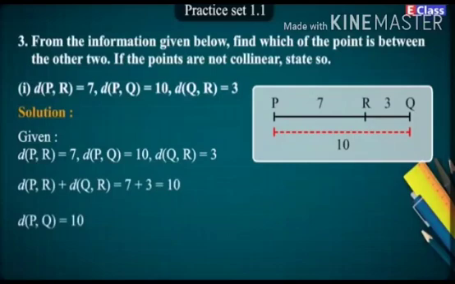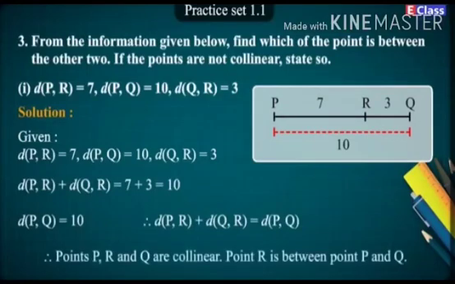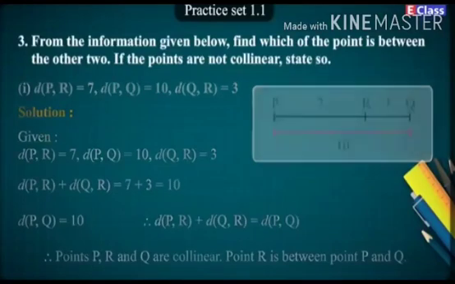Distance of PQ is equal to 10. Therefore, distance of PR plus distance of QR is equal to distance of PQ. Therefore, points P, R, Q are collinear, and point R is between points P and Q.